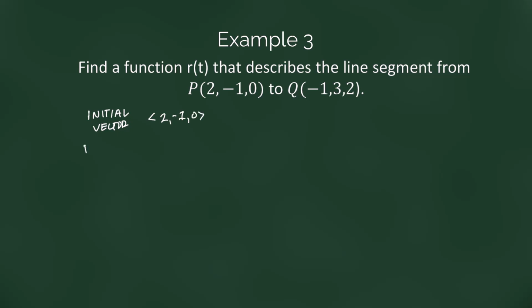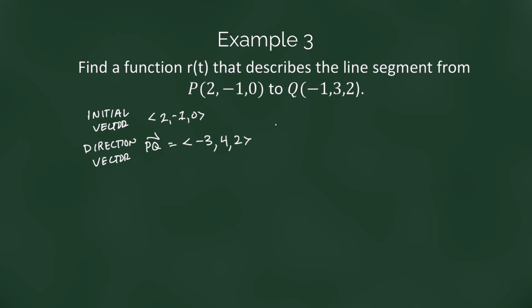Our direction vector for our line is going to be the same as the vector pq, which we can get by subtracting, we can do q minus p component-wise. So we get negative 1 minus 2 is negative 3. 3 minus negative 1 is 4, and 2 minus 0 is 2. So now we have the components that we need.